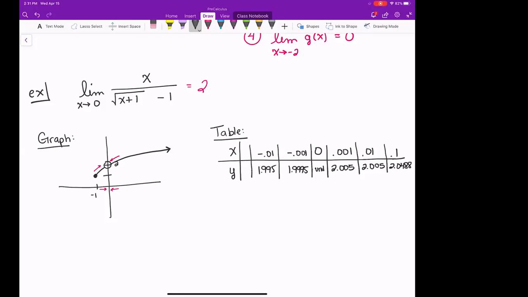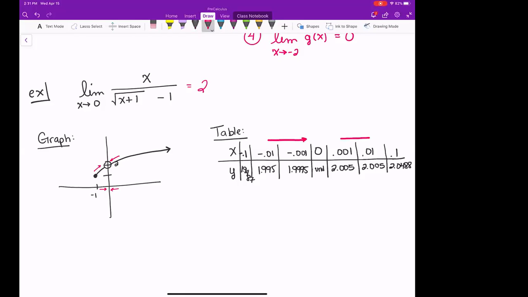And then negative 0.1 was 1.9487, running out of room here.